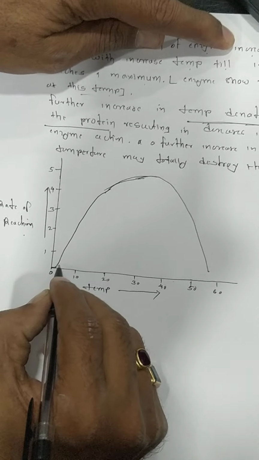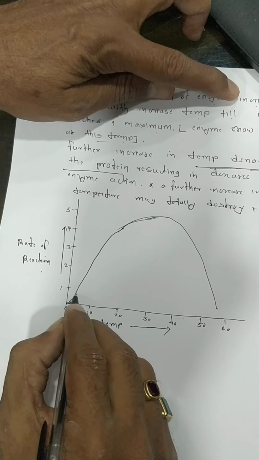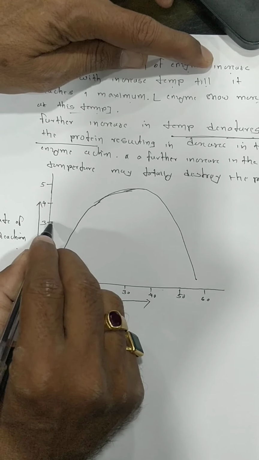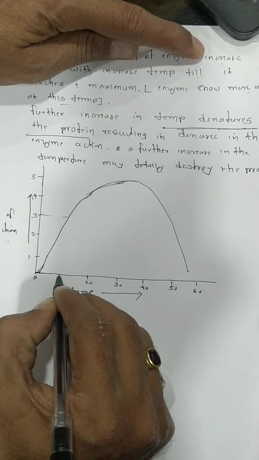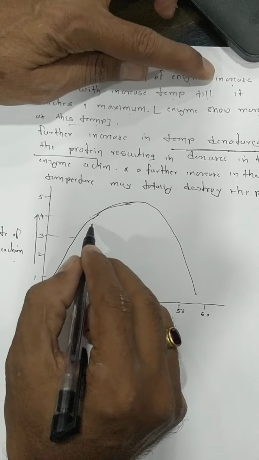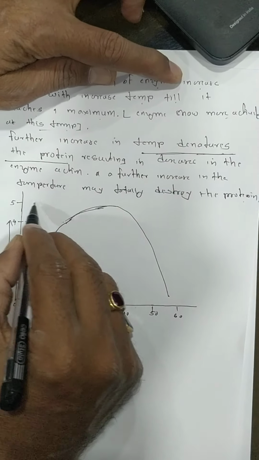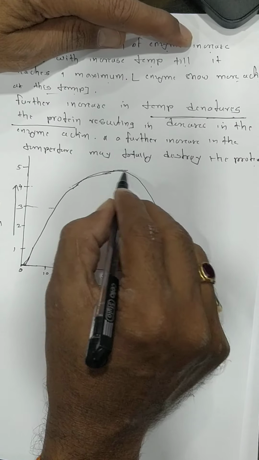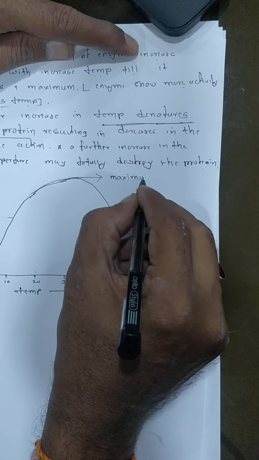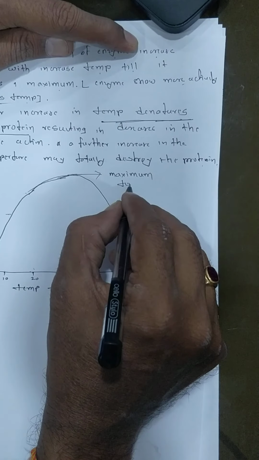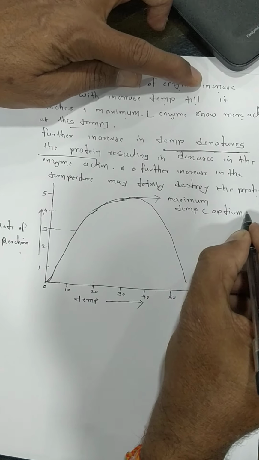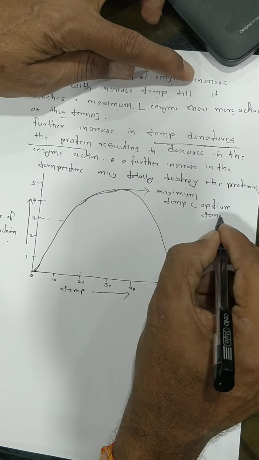See here, the rate is increased as the temperature is increased. For example, the rate is 3 when the temperature is up to 10, the rate is 4 when the temperature is near about 20, and it's a maximum. Here is an optimum, the maximum temperature, that is also called the optimum temperature.